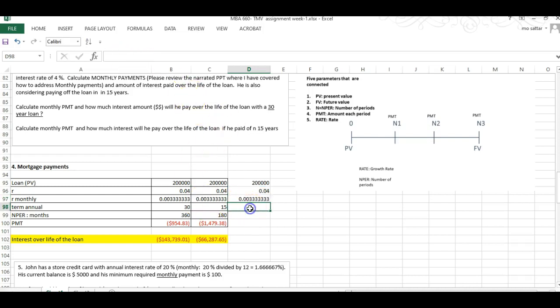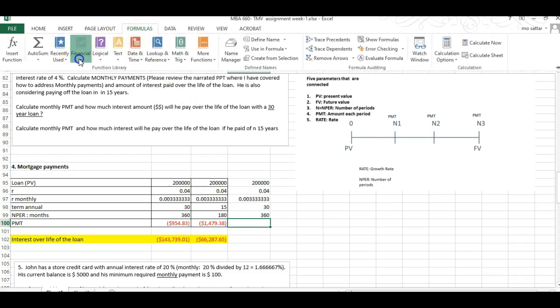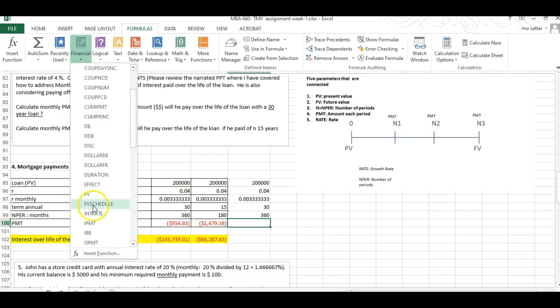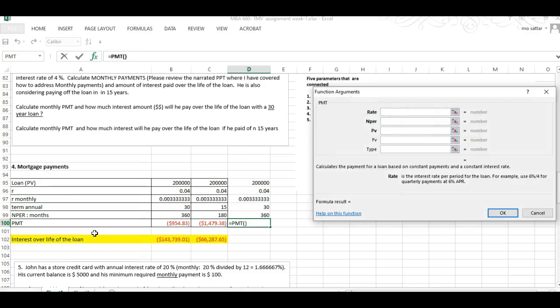The annual period, the first one, is 30 years, so we put that 30 in here. But because we're going to do monthly periods, we take this 30 years and multiply it by 12, and I got 360 periods. Now if I want to calculate the PMT, I go to the formula, get to financials, find PMT, and a box opens up.